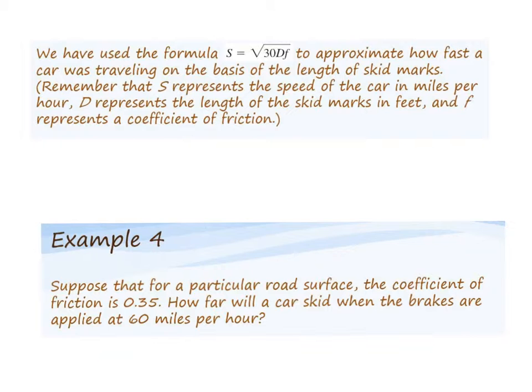Because if the length of the skid represents the distance it takes before the car stops, then that will give us an idea of how much space we need to leave between our car and the one in front of us. So we're going to basically take this formula, currently given in terms of D and F, and we want to solve for D.